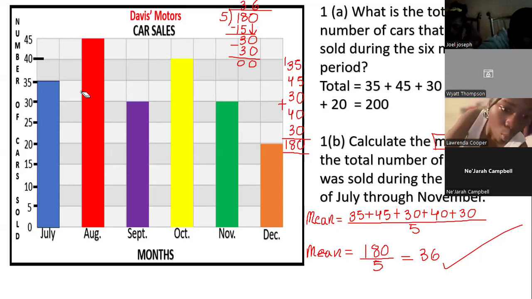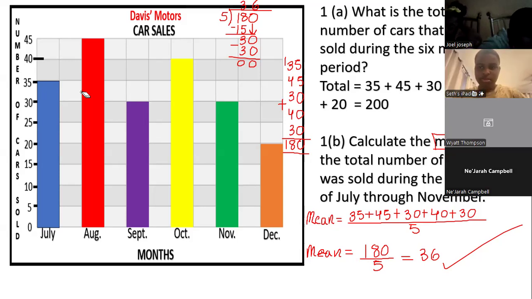Okay, so Seth, where's Seth? Yes, sir. Do you understand how we got number 1? Read number 1. Number 1A. What is the total number of cars that were sold during the 6-month period? Read it again.